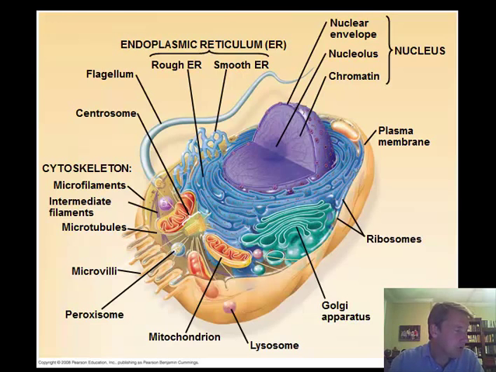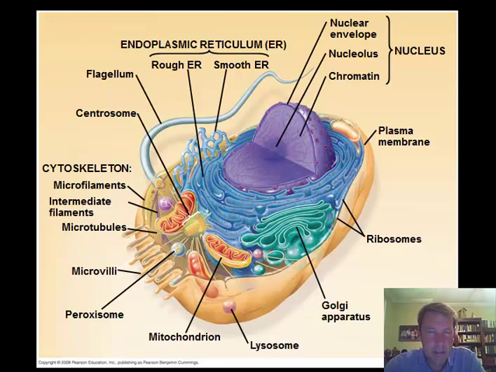So the first group of organelles that we're going to look at are those that are involved in manufacturing and making products. And the first one that we're going to look at is the nucleus. All right, so the nucleus is a large central organelle in the cell.